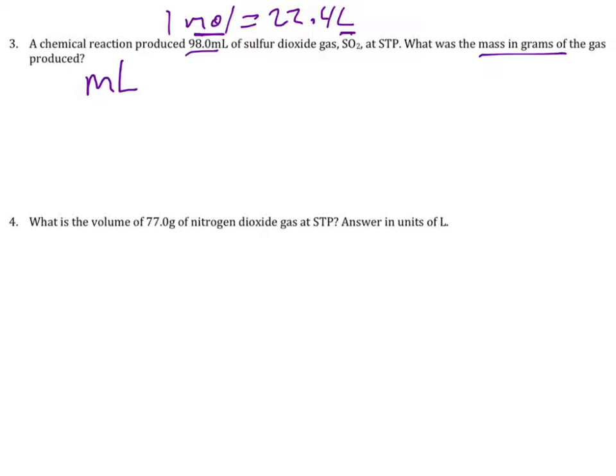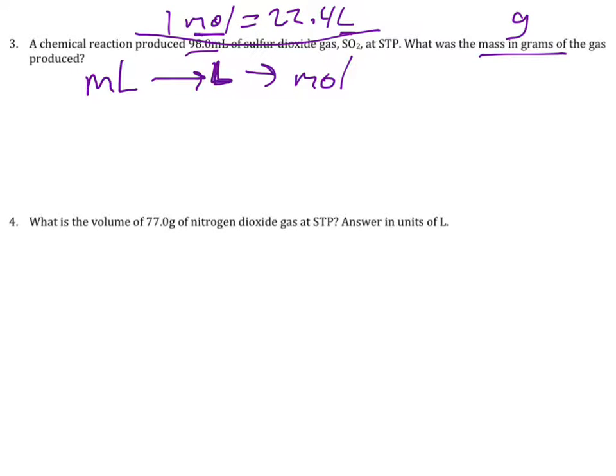So we need to take the milliliters and convert them to liters first. Once we have the liters, we're trying to eventually get to grams, but again, this conversion is between liters and moles. So once we have liters, we go to moles.